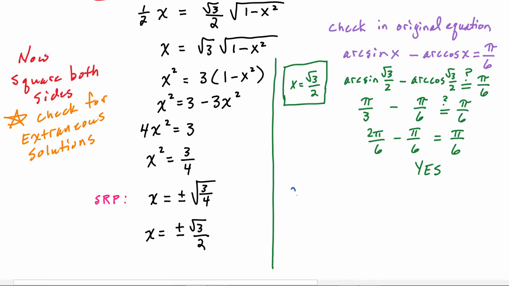Let's check x equals negative radical 3 over 2. We are asking, does arc sine of negative rad 3 over 2 minus arc cosine of negative rad 3 over 2, does that equal pi over 6?